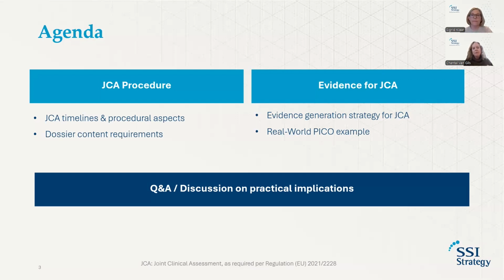And we are also having a real world PICO example to make it more tangible, basically what a PICO is and what we mean by that and how you collect evidence. And we have two sessions for Q&A and discussion on practical implications, one after procedure, and then another one around the evidence session.